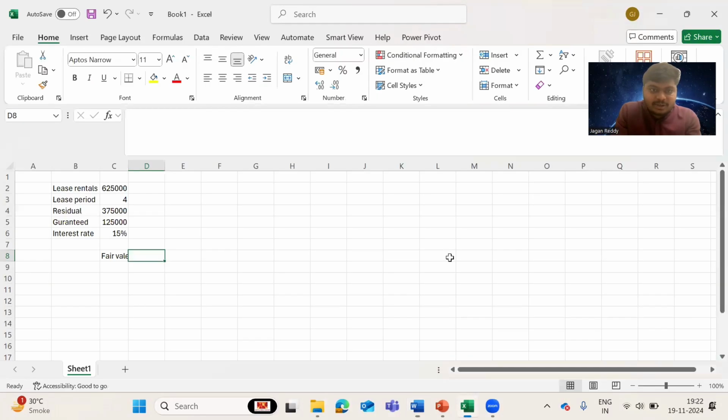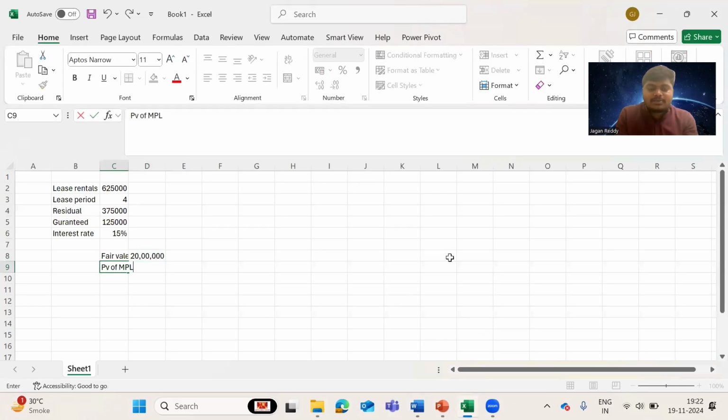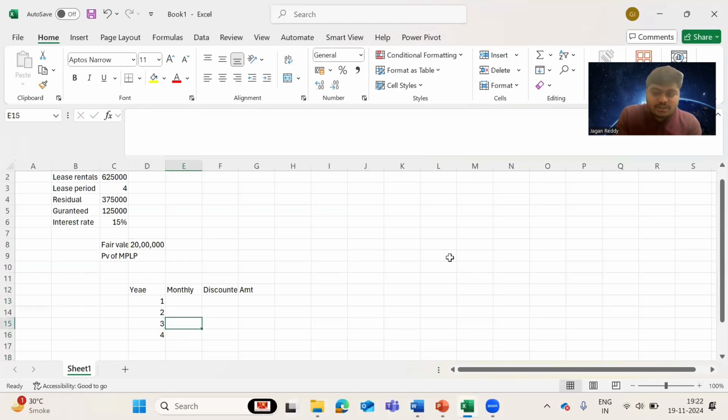So fair value of an asset will be 20 lakhs, and present value of minimum lease payments. If you calculate the present value of MLP, the answer is over. How do we calculate present value of MLP? Use the format: lease rentals, discount factor, amount, for years 1, 2, 3, 4.